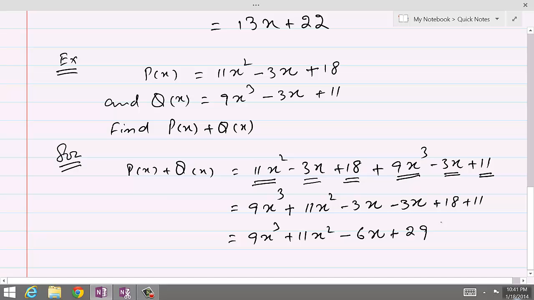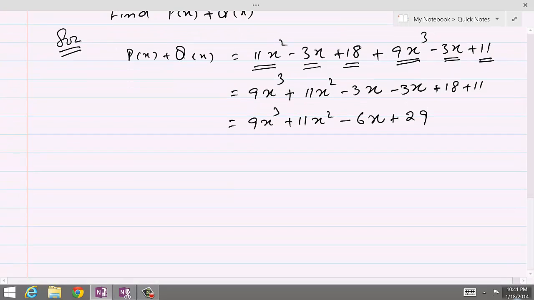So this was the sum of the two polynomials, and if we do a couple more questions, then there will be another example.